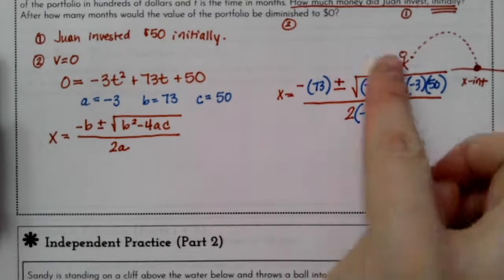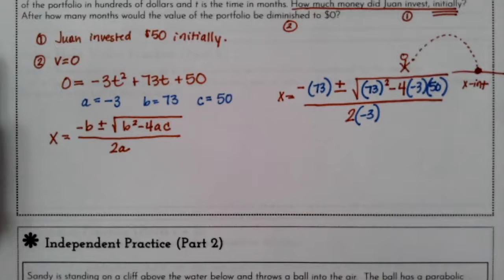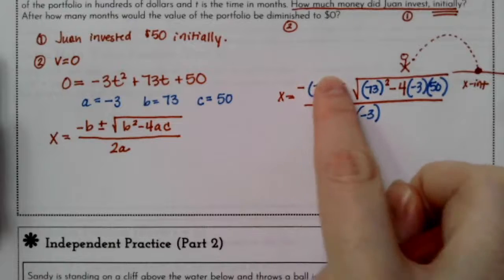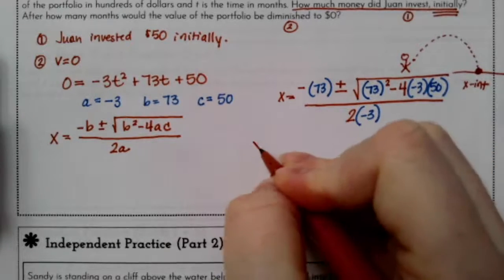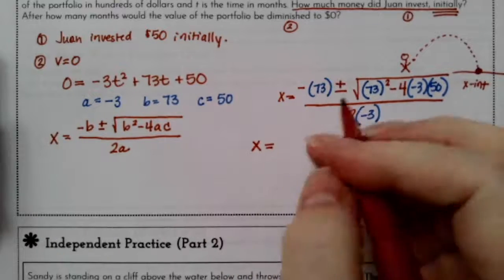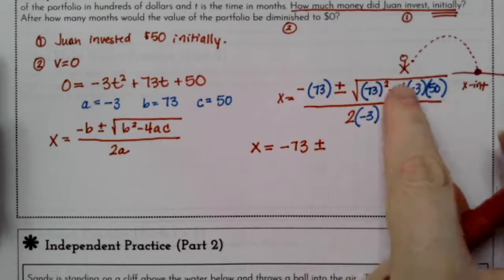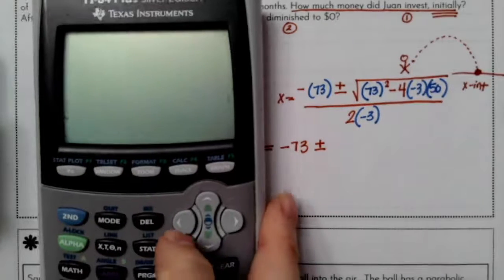So we have these all plugged in. You want to make sure you use parentheses for every single one. And then remember, we want to start simplifying this in parts: this first part, then this second part, and then this third part. Negative and 73 just give me -73. Then I want to type all of this into a calculator. You can do this in the Google calculator.